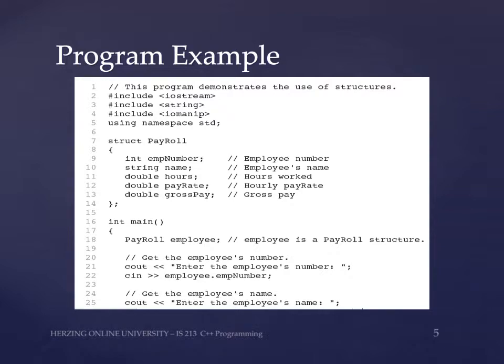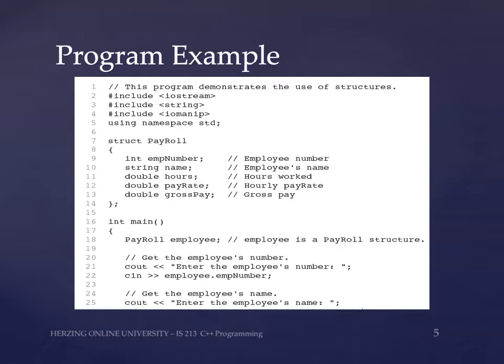And in the main program we defined an employee, which is of the payroll structure, and here we get in the employee number, and notice how the employee number of the structure was being called by using the dot, as we mentioned before, and also the employee name.